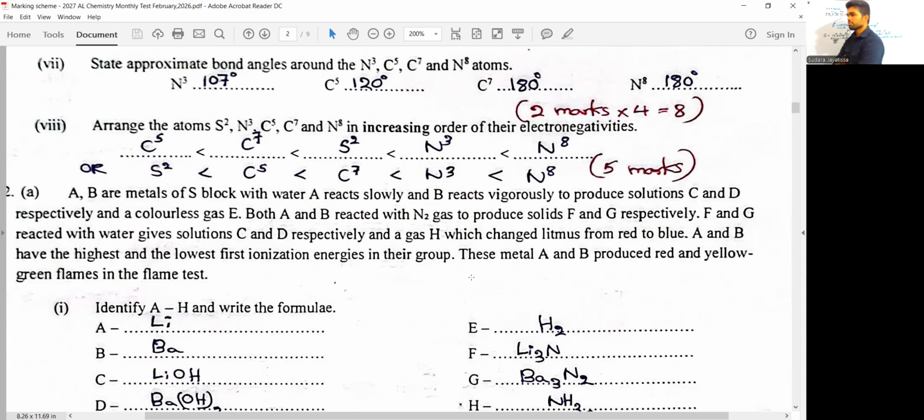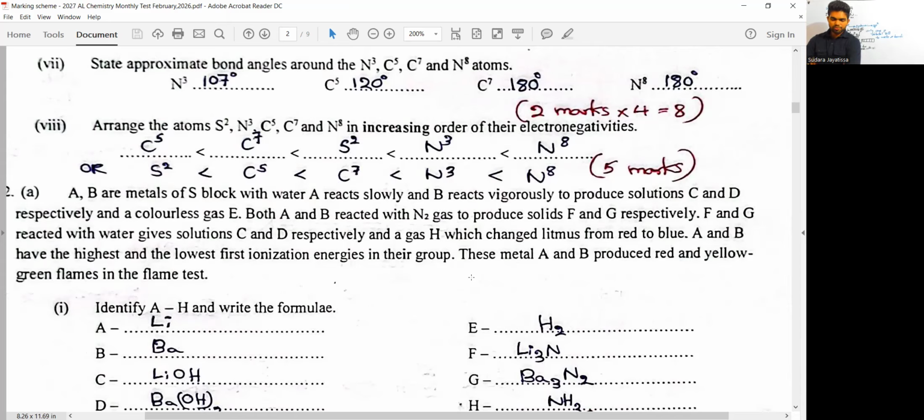That means if it is group 1, highest ionization energy is there for lithium. If it is group 2, highest ionization energy will be there for beryllium. So the lowest are for the last element, cesium and barium. Like that.